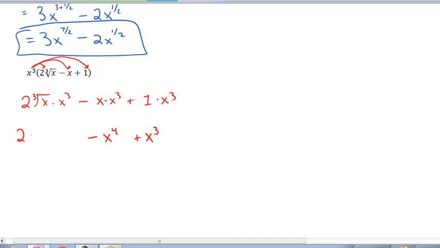Well, it's 2 times, and then I change this cube root of x to be x to the 1/3, so I can see the power, times x cubed. Same base, add the exponents, 2x to the 10 thirds minus x to the fourth plus x cubed. This becomes our final expression.